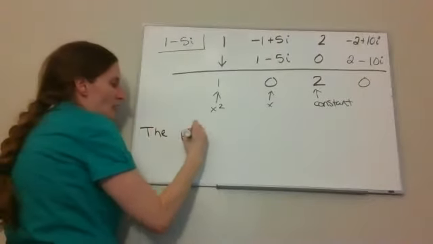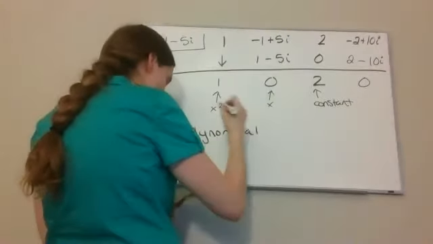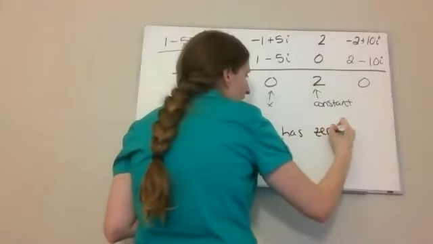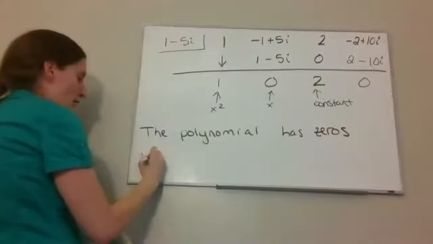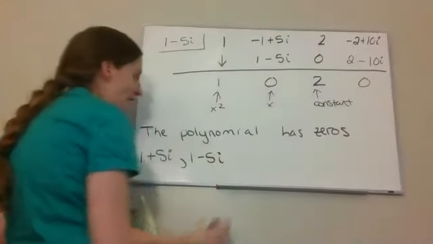So the polynomial so far has zeros 1 plus 5i and 1 minus 5i.